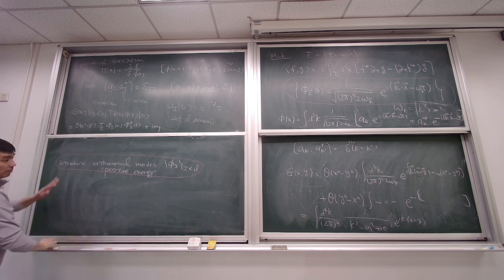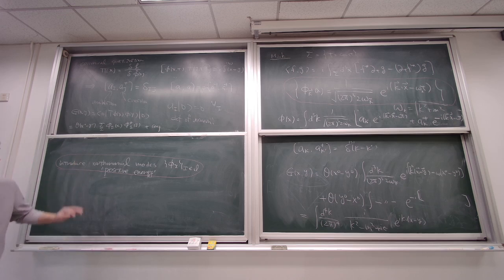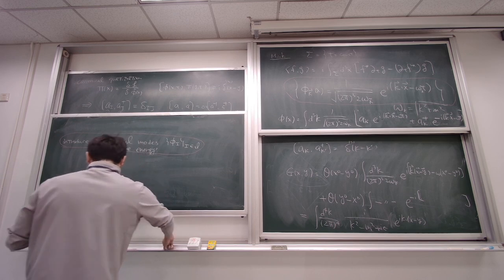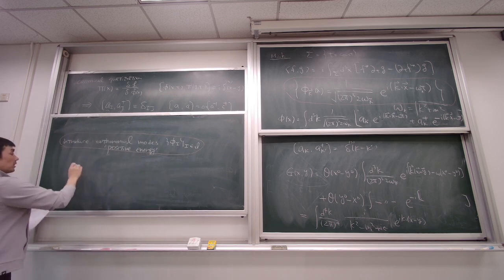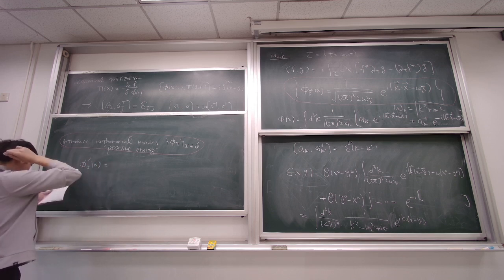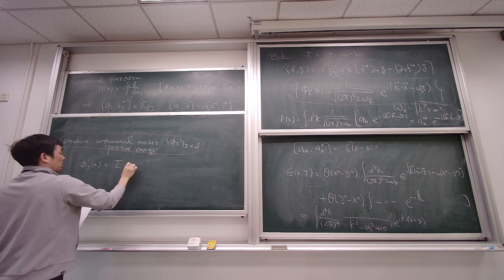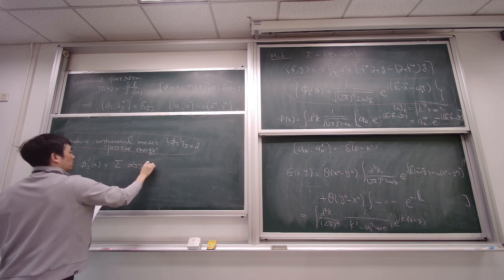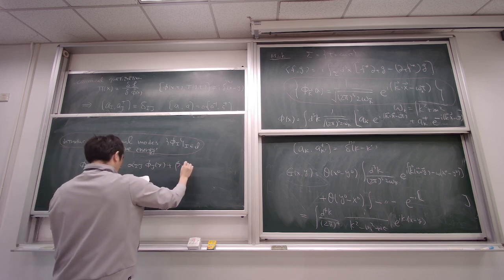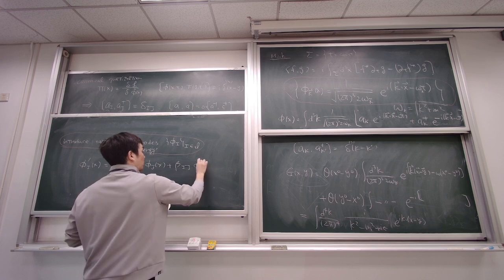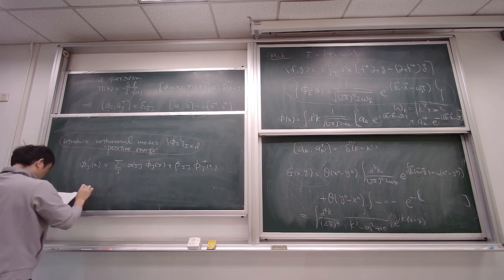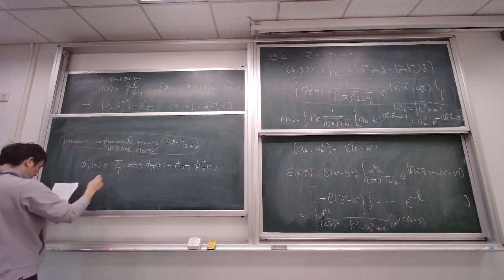So if you introduce one orthonormal positive energy mode, one can introduce another basis, called phi prime i of x, which is alpha ij phi j of x plus beta ij phi j star of x, like this, and its conjugate you just need to conjugate.